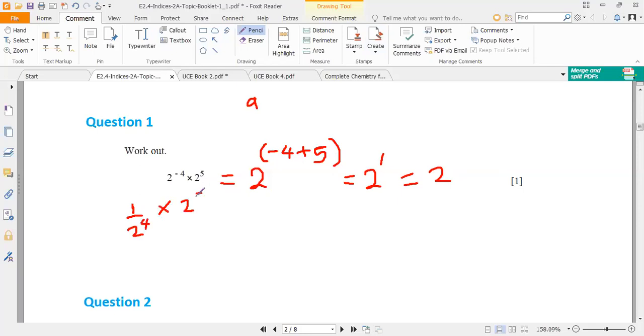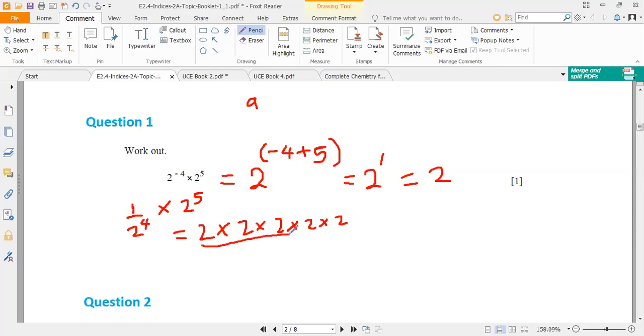This is when you don't want to use the laws of indices, but I'm teaching you how to use the laws of indices to save you from this long route. So here you'd say 2 times 2 times 2, 5 times. Of course, that's what 2 power 5 means.